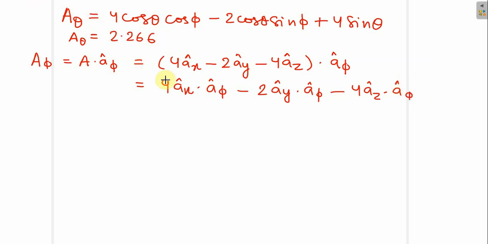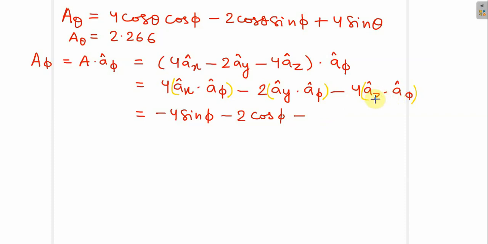Again we have this unit vector transformation matrix. We can recall the values and write it directly. What is ax dot a phi? It is minus sin phi. So minus 4 sin phi. What is ay dot a phi? Ay dot a phi is cos phi. So we will write minus 2 cos phi, and then minus 4az dot a phi.